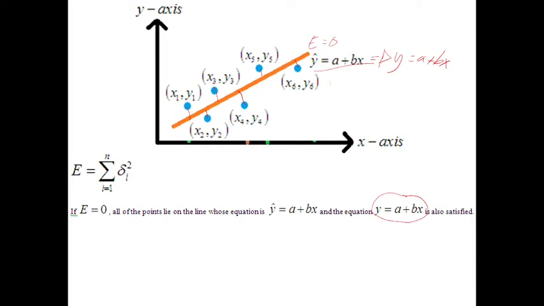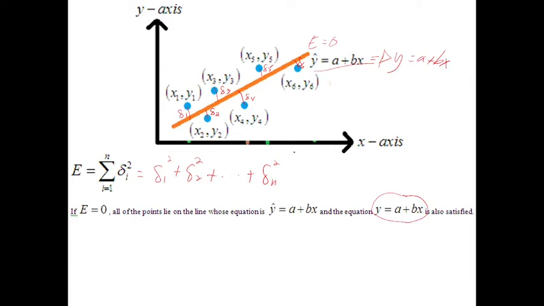So, take note, delta I squared. Ibig sabihin yan, delta 1 squared plus delta 2 squared, plus and so forth hanggang dun sa delta sub n squared. So sa example na to, meron kang delta 1 dito, meron kang delta 2, delta 3, delta 4, delta 5, delta 6.